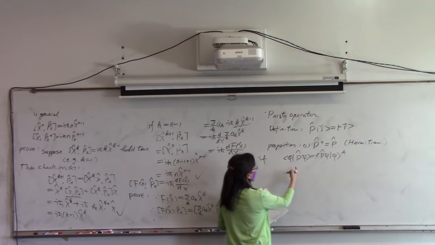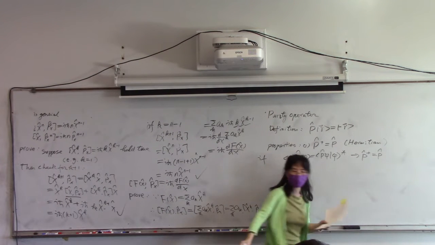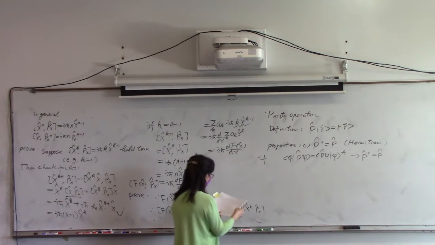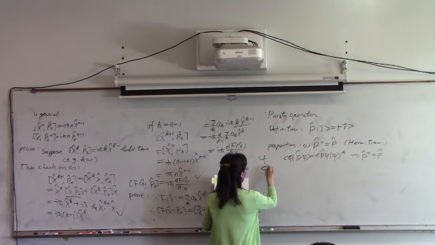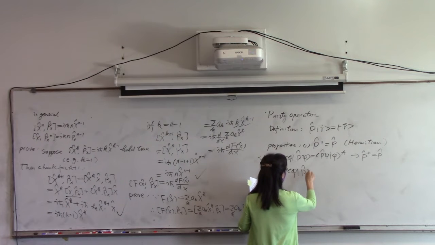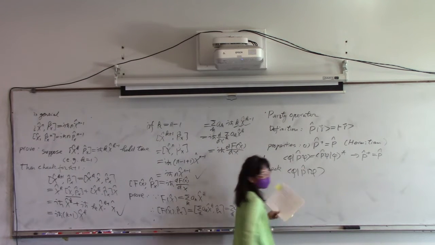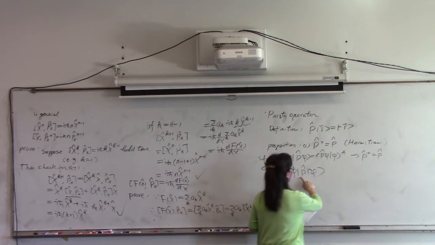That's the definition of Hermitian. So how to do that? Let's check. This one equals this one, right? So that is equivalent. Putting it inside the ket or outside the ket is fine.